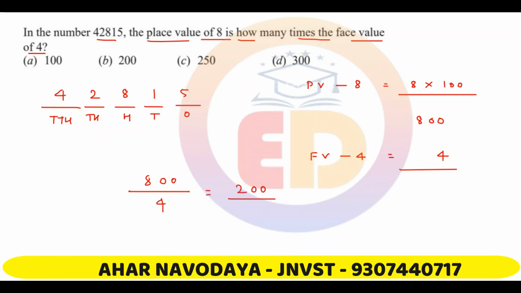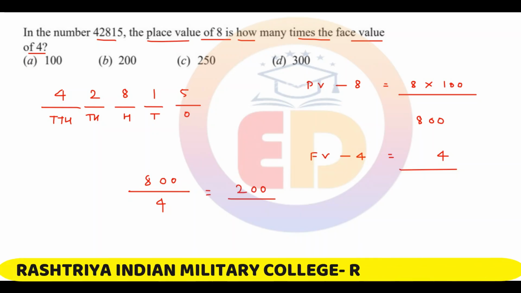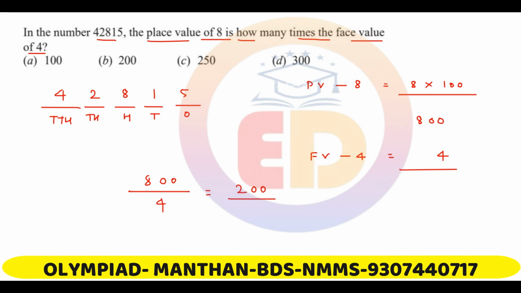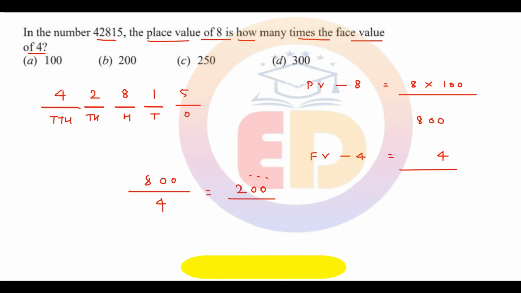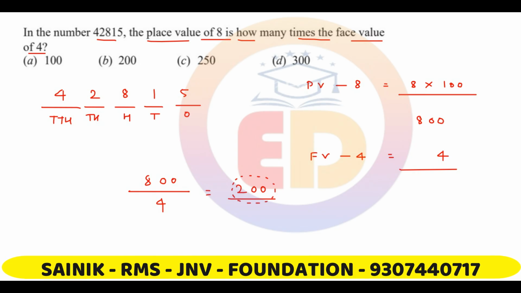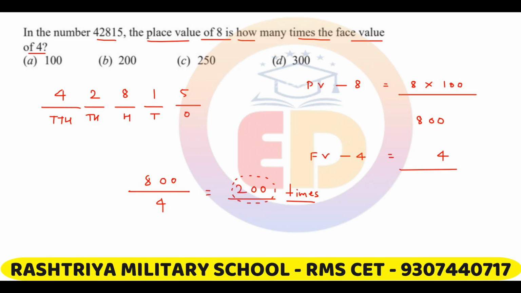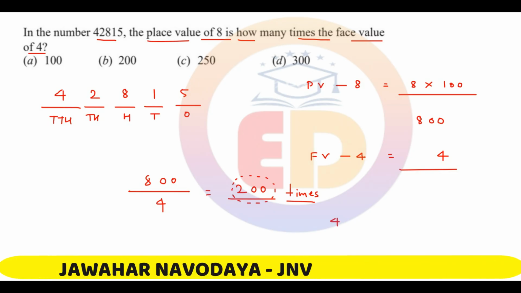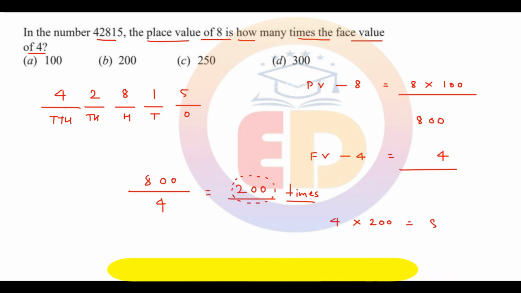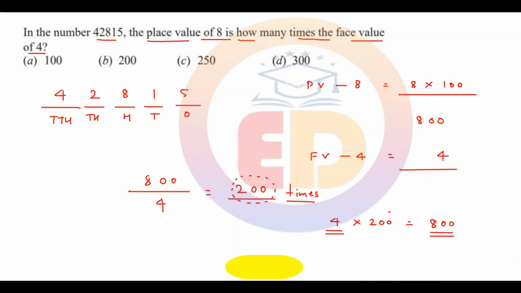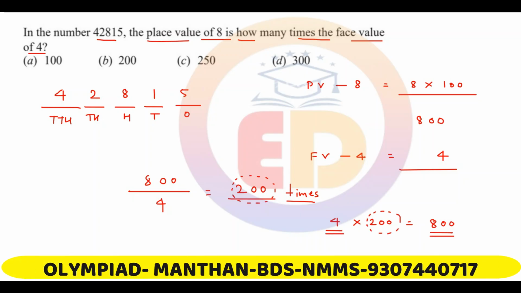So place value of 8, which is 800, is 200 times the face value of 4. Because when you multiply 4 into 200, that will give you 800. So 800 is 200 times of 4. Answer is option number B.